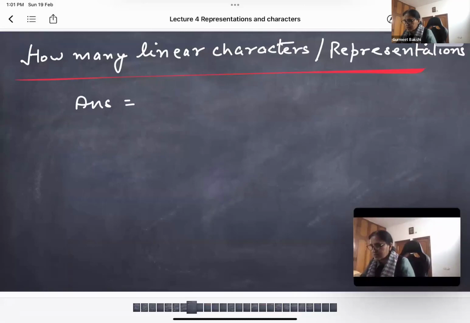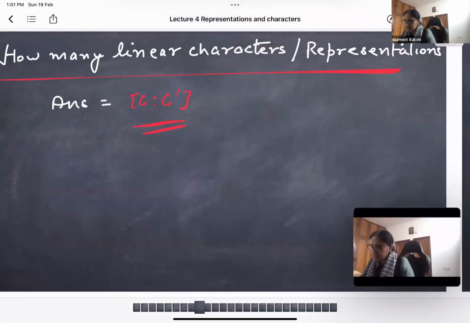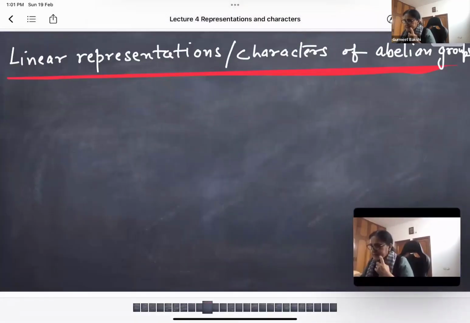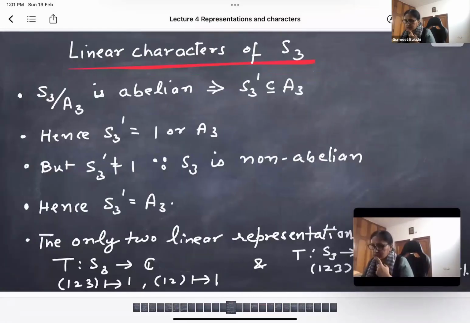In general, for an arbitrary group the answer is the index of G' in G. For example, for S3 the commutator subgroup is A3, and you have 2 linear characters, 2 linear representations.